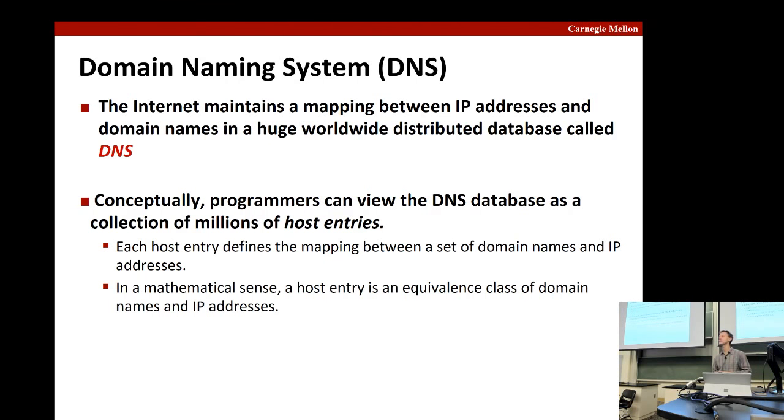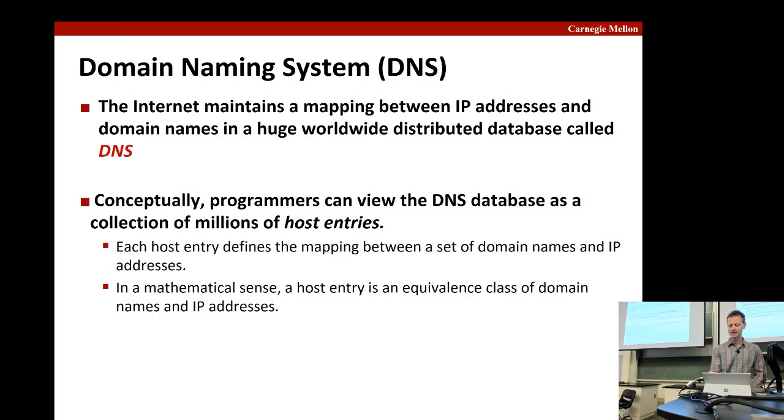So DNS, you may have heard of it, stands for Domain Naming System. Mainly you hear about it when it's not working, okay? So if you're having trouble connecting to anything, sometimes it's because the DNS server is congested or not working, and so you're not able to get the translations.